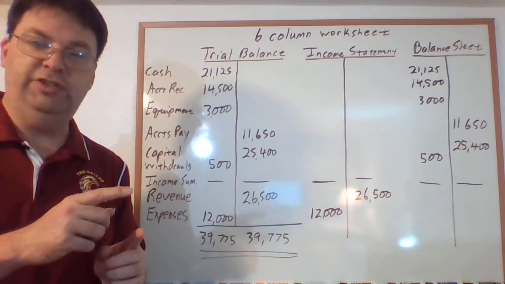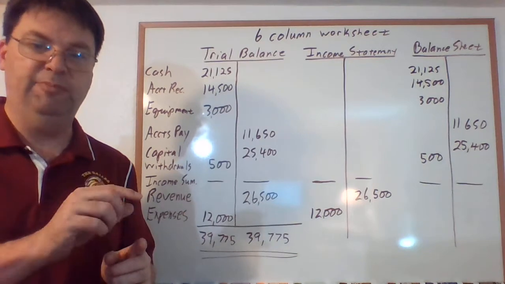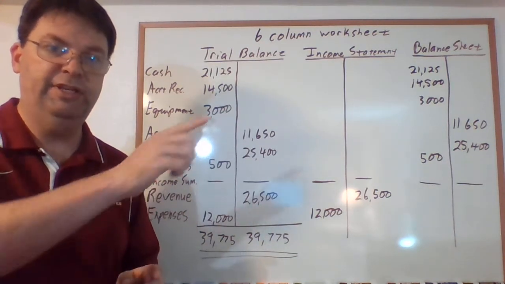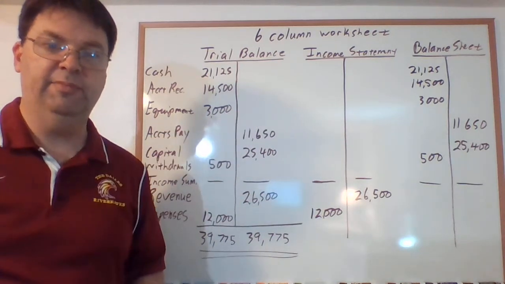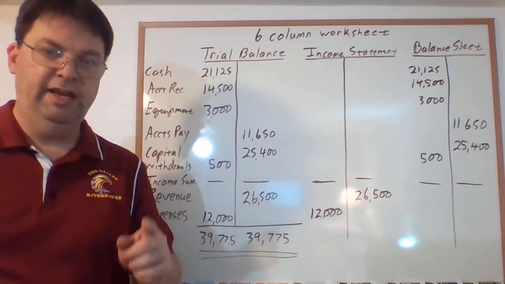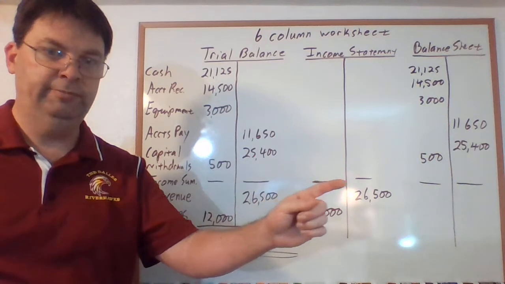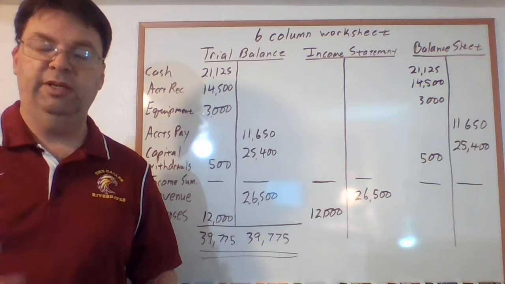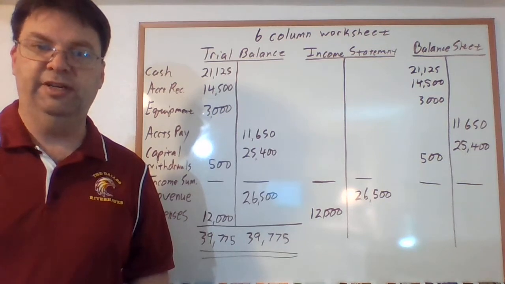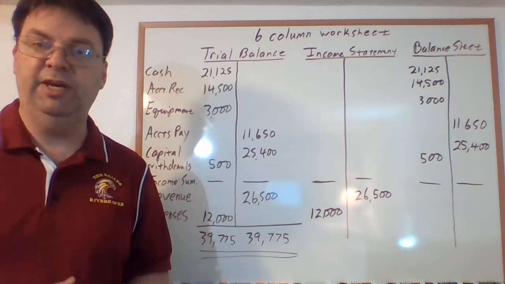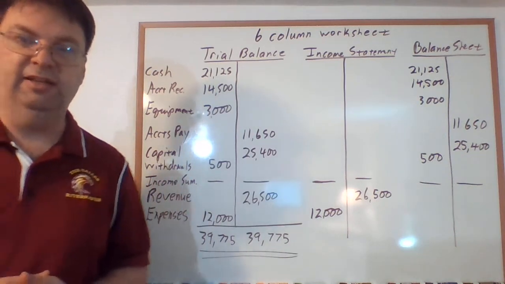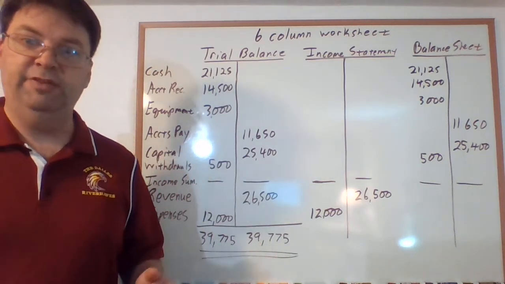Here I just put 2 because I didn't have much room, but you could have many revenue accounts and many expense accounts, and they all go into the income statement. Everything below income summary goes into the income statement. Because what someone's asking you when they say, what's your income statement, is how much money did you make this quarter, year, whatever your accounting period cycle is, how much money have you been making?